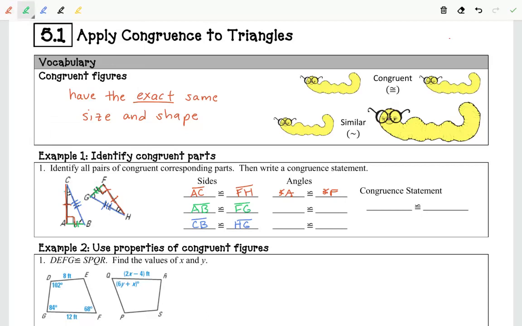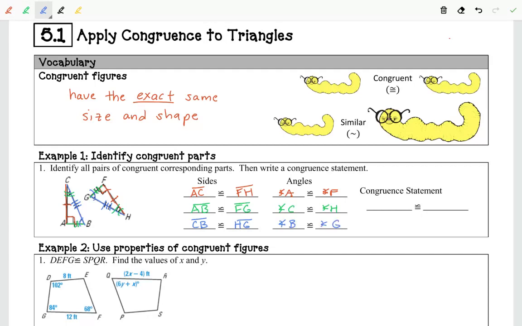And then angle C has two marks and angle H has two marks, so those match. Lastly, we have angle B with one mark and angle G with one mark. So those are congruent to one another.